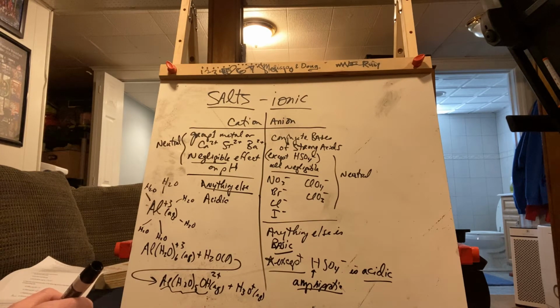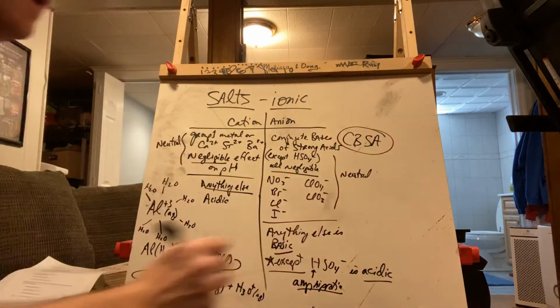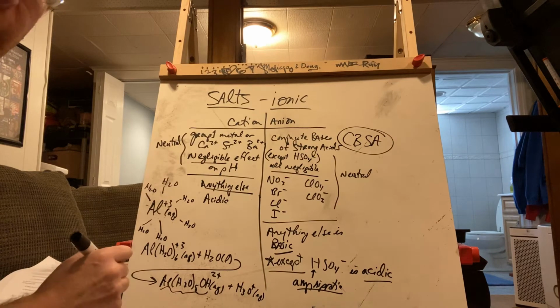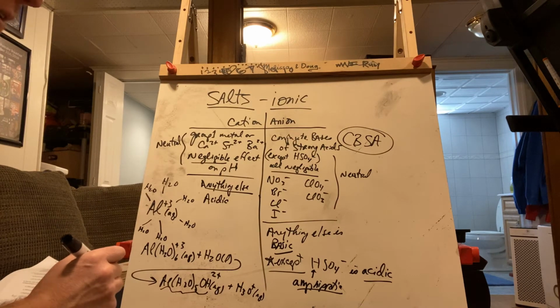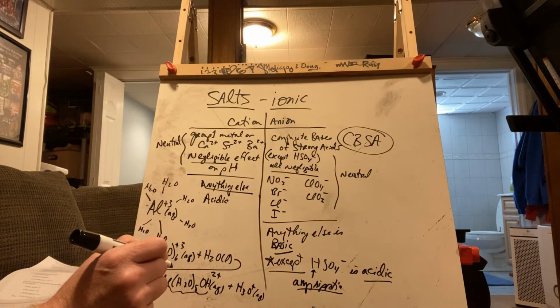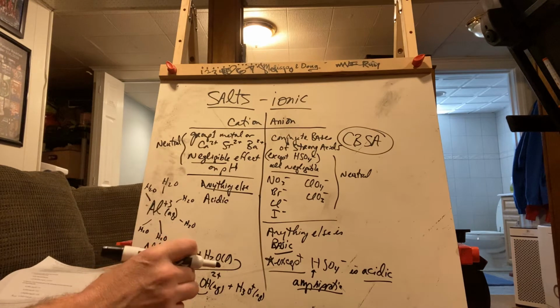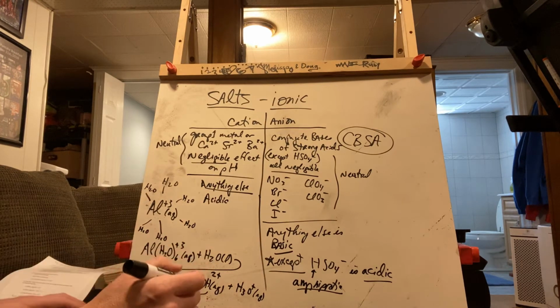All right, so let me give you some examples of these, and I'm probably going to use CBSA as a nice, easy way of remembering, because I'll probably forget. It takes so long to write that. We'll just go through it with these rules. So I'll put up a few here.